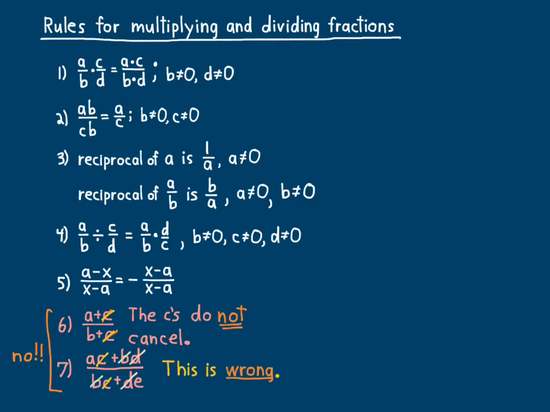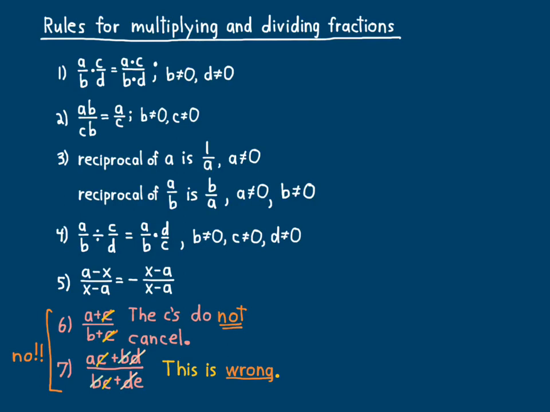I just realized I crossed the C's on number 6 off again for some reason. Well, on number 7, what did I do? I'm thinking to myself, the rule is if there's a letter in the top that's the same as the letter in the bottom, then I cancel. If you're thinking that, that's completely wrong. Oh, but I get some problems right that way.